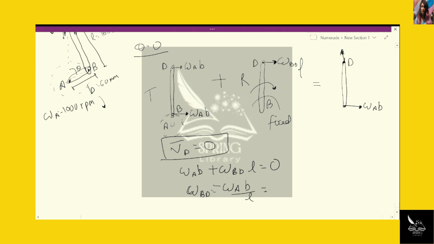So this becomes minus 1000 rotations per minute clockwise. B is 60 millimeters and L is 160 millimeters, and rotations per minute are basically 2 pi radians per revolution, and then per minute is basically 60 seconds per minute.